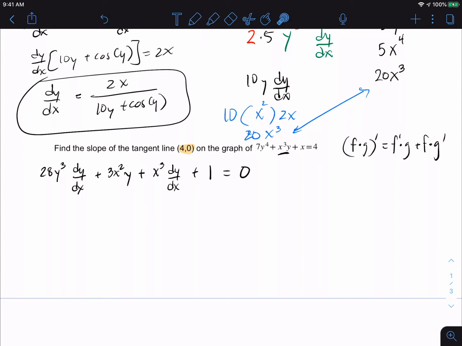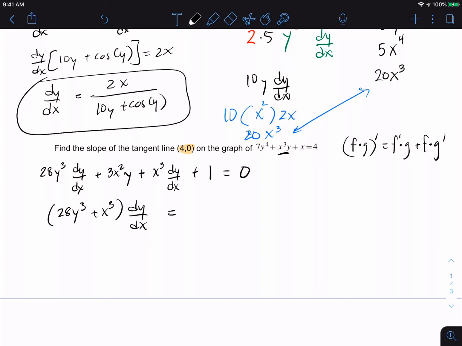Okay. Now what we want to do is isolate to get dy dx on one side. So what I'm going to do is, all right, 28y to the third plus x cubed is equal to, times the quantity dy dx, right?